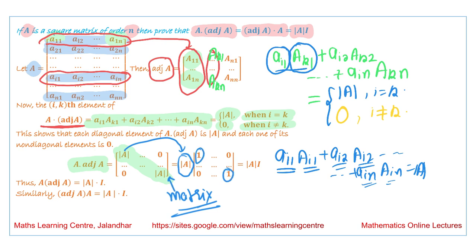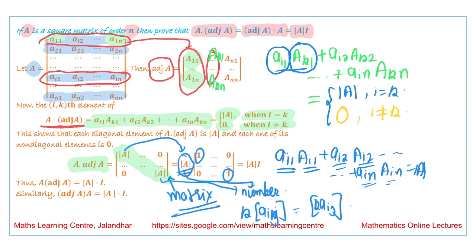These are just numbers. The determinant of A is just a number, and we know that when we multiply a matrix with any number, each element is multiplied with that number. So we take determinant of A, which is a number, common, and what remains is the identity matrix.